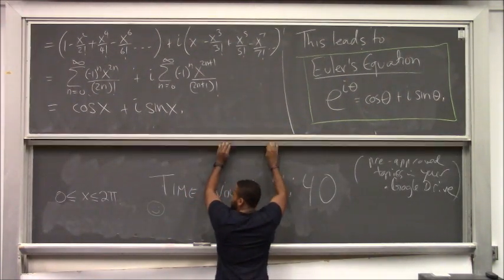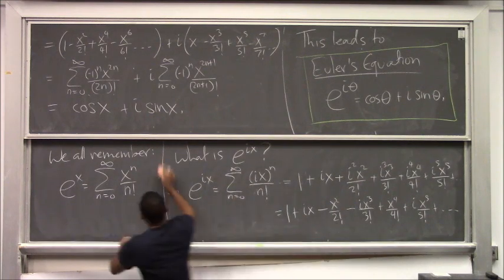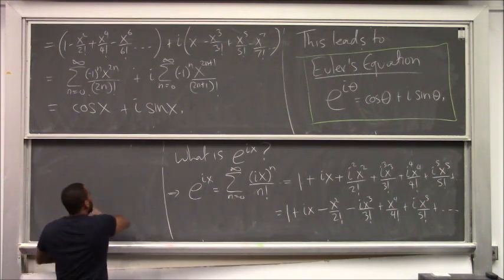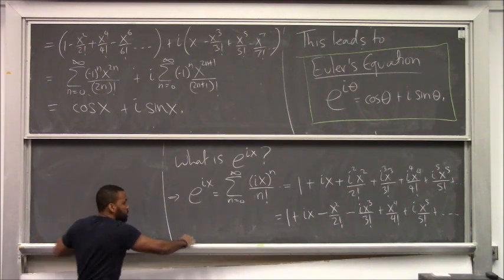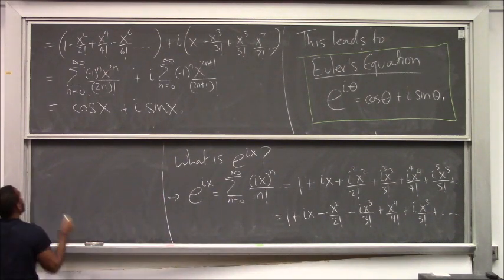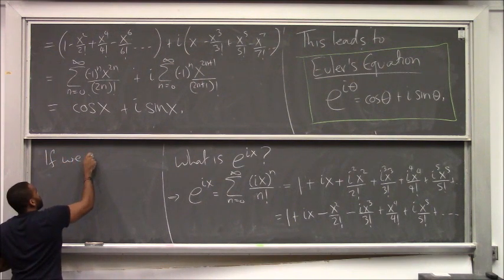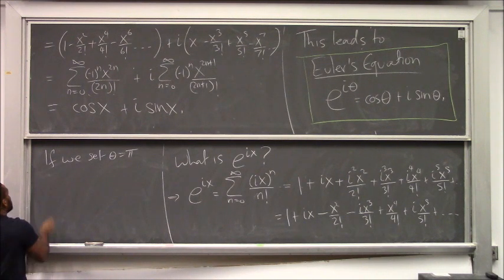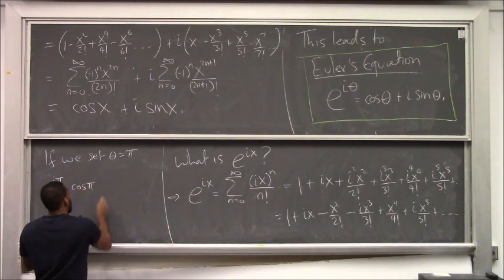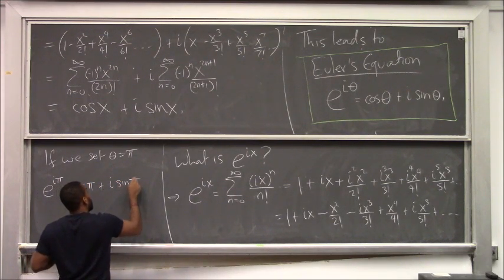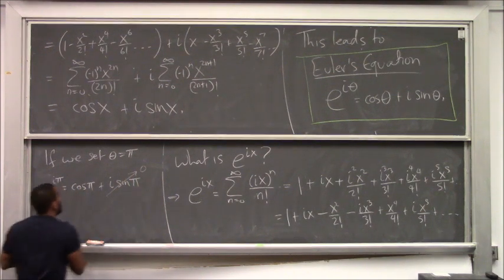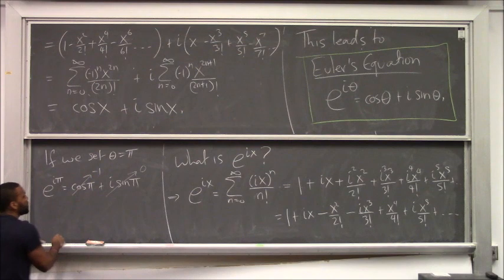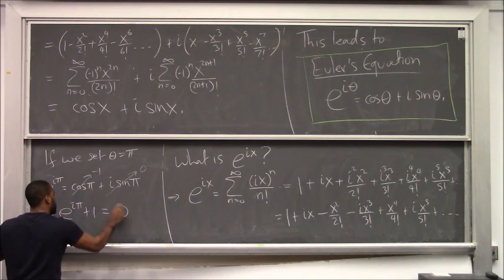If we are to plug in pi into this formula, if we set theta equals pi, what you obtain here is e to the i pi is going to be equal to cosine of pi plus i sine of pi. Now sine of pi is of course 0, cosine of pi is -1, and we obtain, therefore, that e to the i pi plus 1 equals 0.